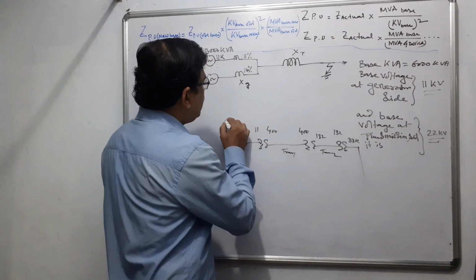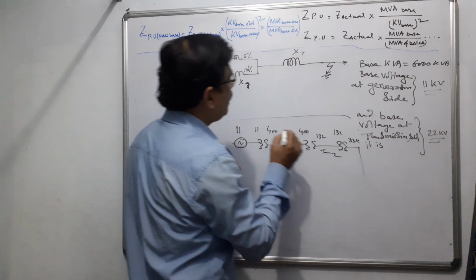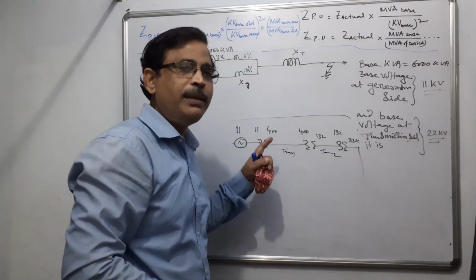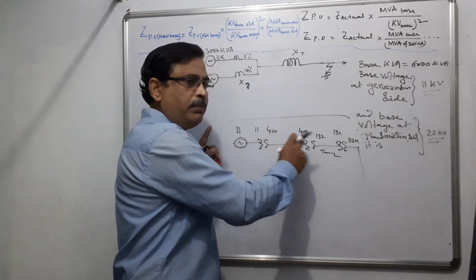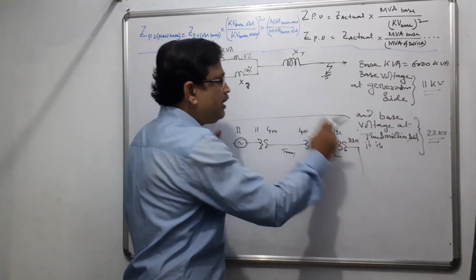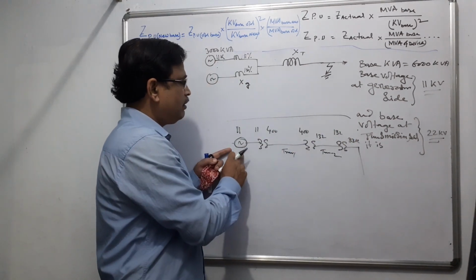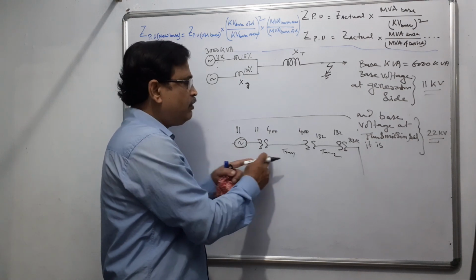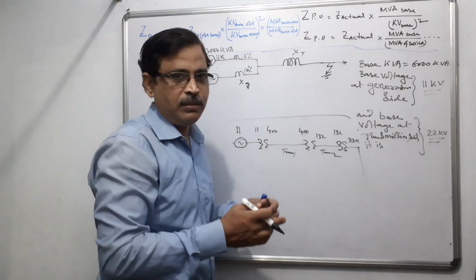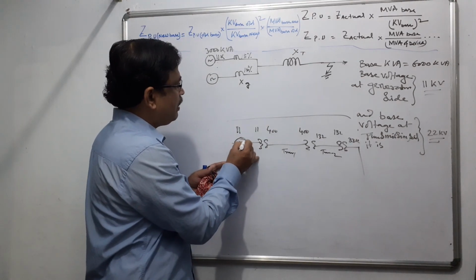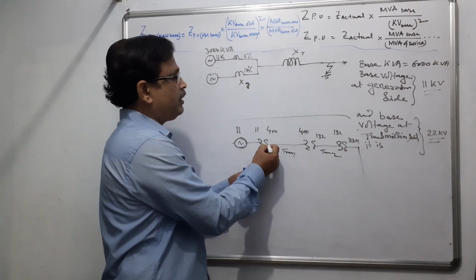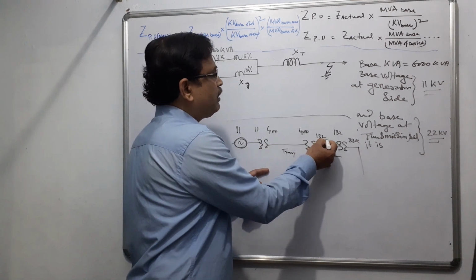But for the entire network, the base kVA will remain the same. So keep in mind, base kVA remains the same for the entire network, whereas the base kV may differ due to transformer action. I think it's clear. Here if it is 11 kV, then it can be 400 kV, it can be 132 kV.